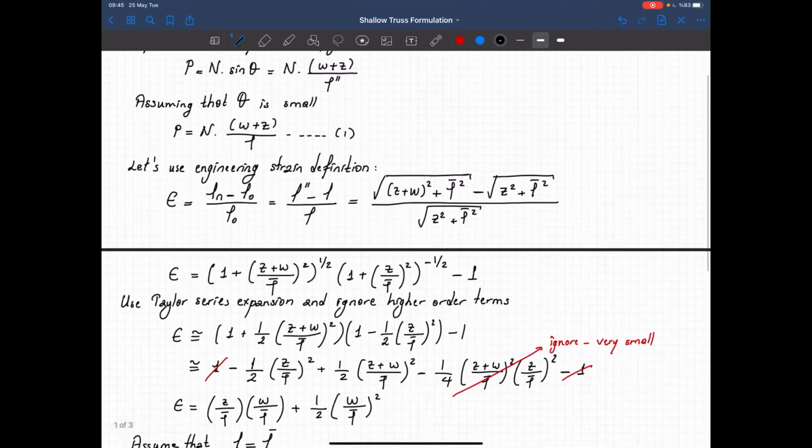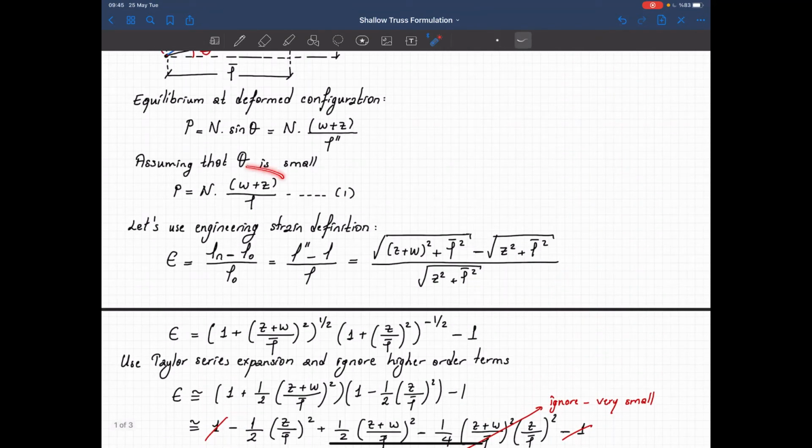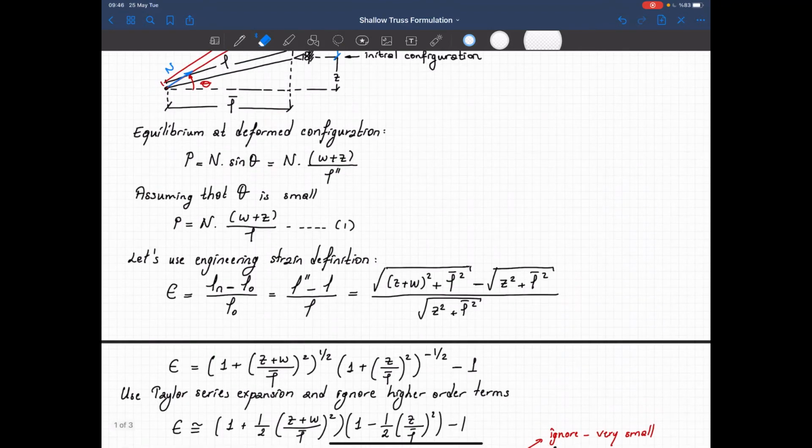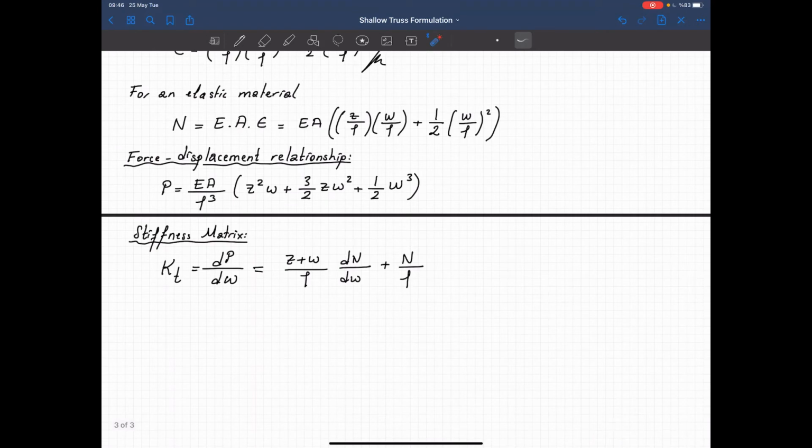So if we use this expression and calculate dP over dW, this will be equal to (Z plus W over L) dN over dW plus N over L. So what I did here is I take the derivative of this expression and I obtain the following.